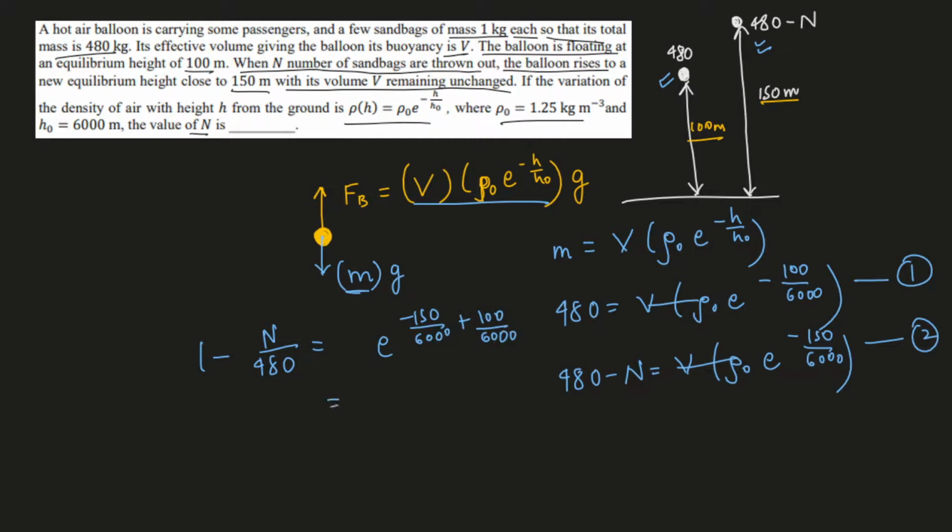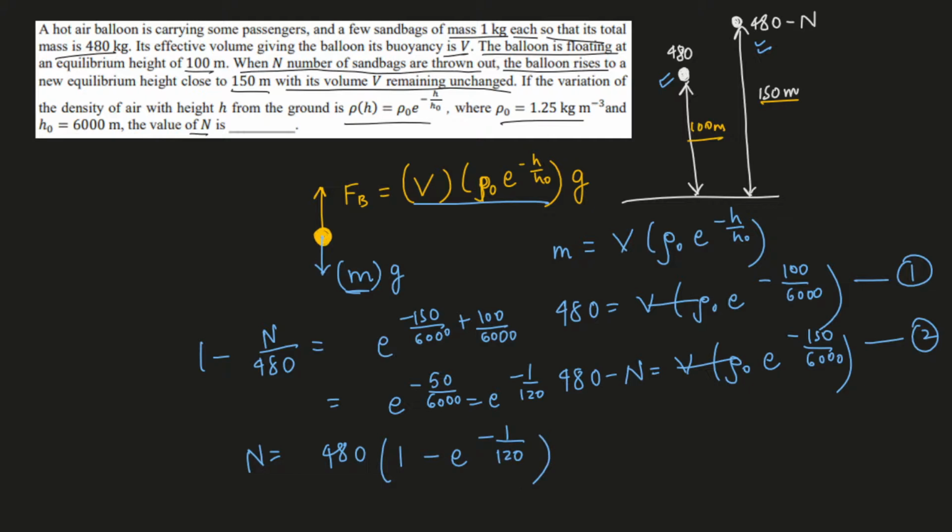So this is equal to negative 50 by 6,000, or negative 1 by 120. E to the power of negative 1 by 120, that is to say. So n is equal to 480 multiplied by 1 minus e to the power of minus 1 by 120.